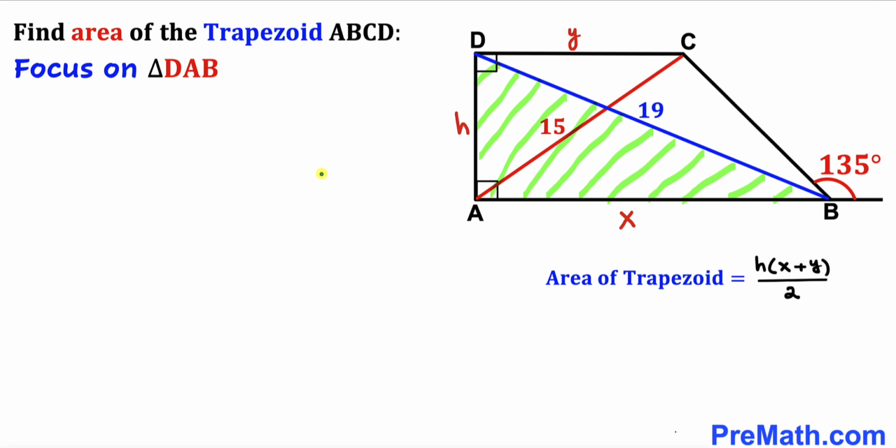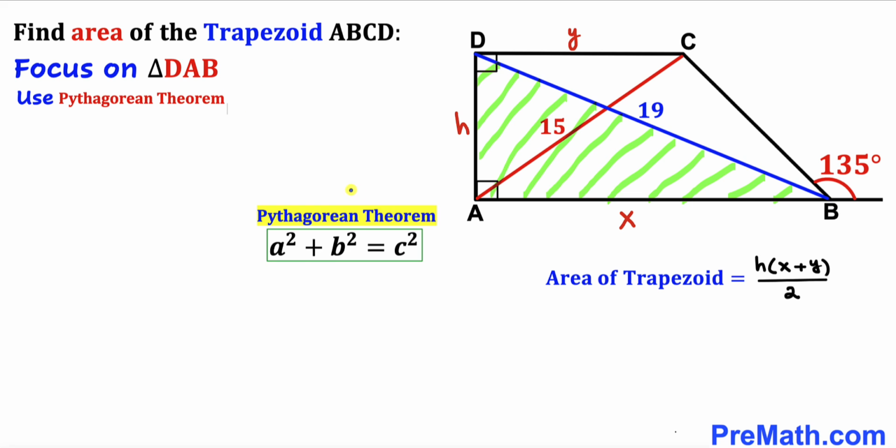And here's our next step. Let's focus on this right triangle DAB, and we are going to apply the Pythagorean theorem. And here's our Pythagorean theorem: a square plus b square equals c square. Let me call this longest leg as our side c. I'm going to call this side lowercase a and this lowercase b. So let's go ahead and fill in the blanks. a in our case is x.